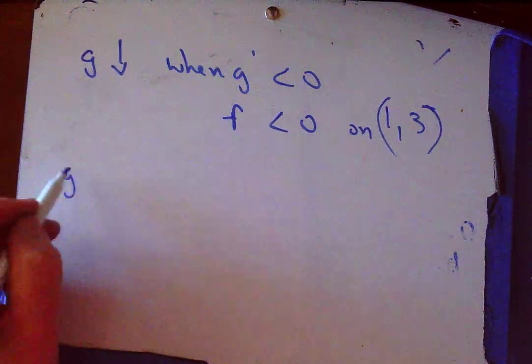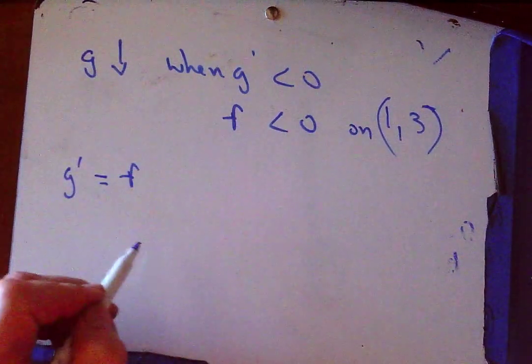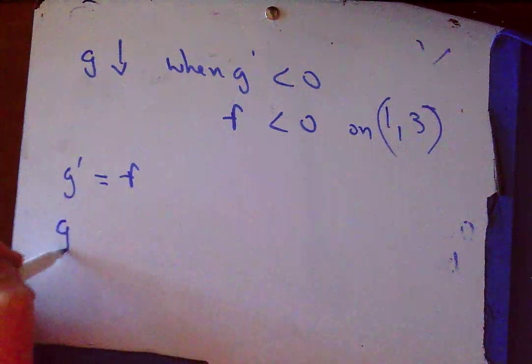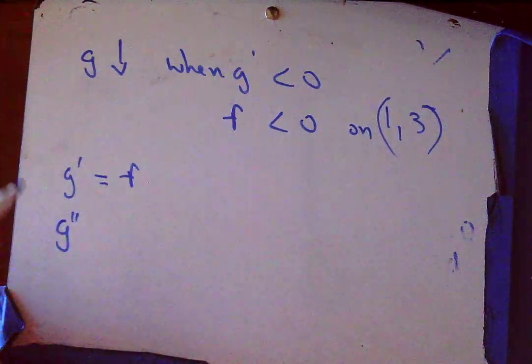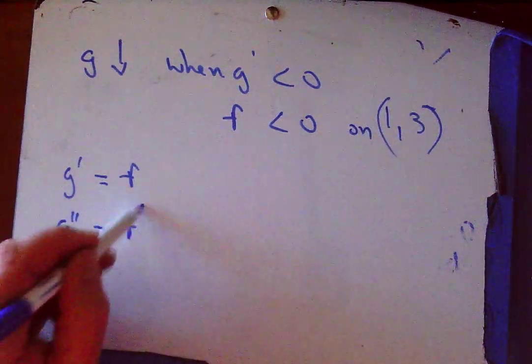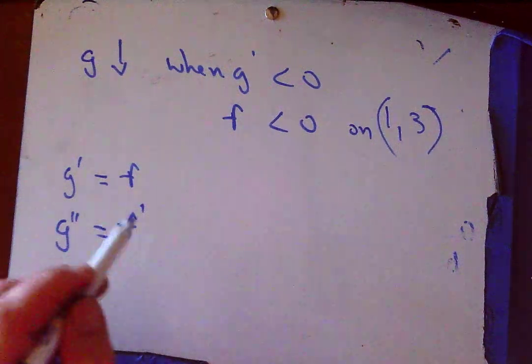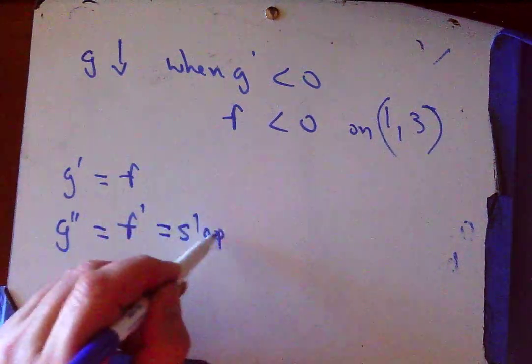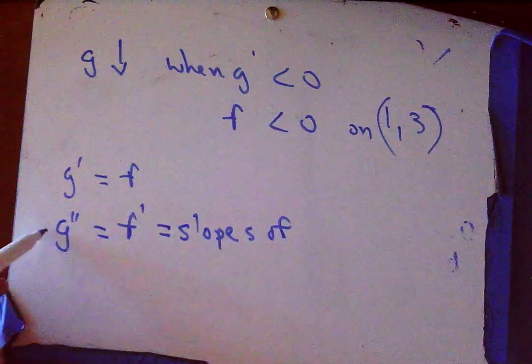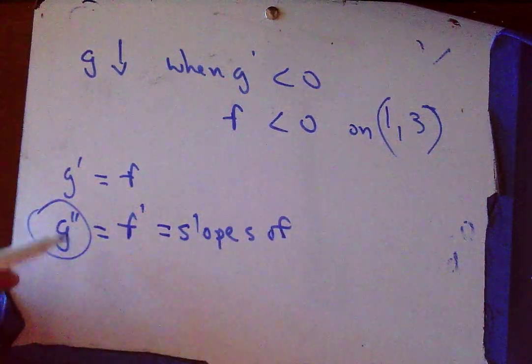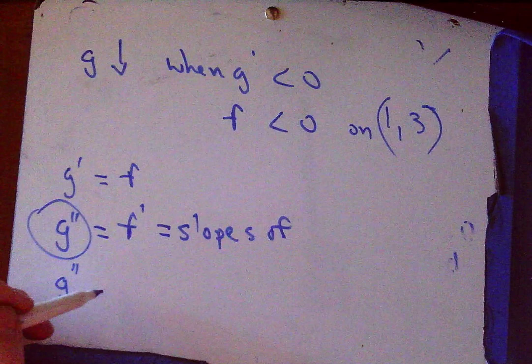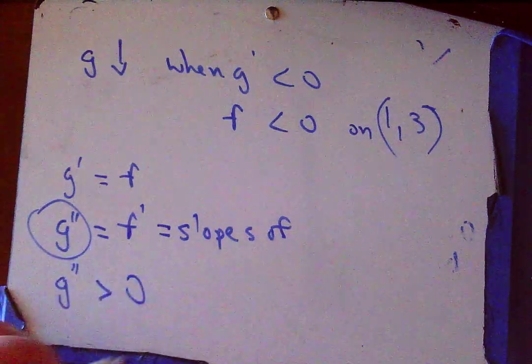And when is g concave up? Well, remember, g prime is a graph of f. And so g double prime, where I'd want to check out concavity, is going to be the derivative of f, or the slopes of f. I'm looking for a place where g double prime is greater than 0.